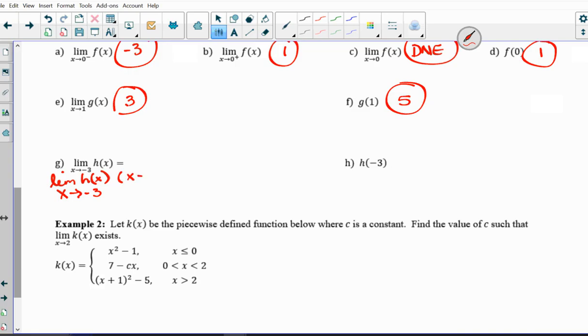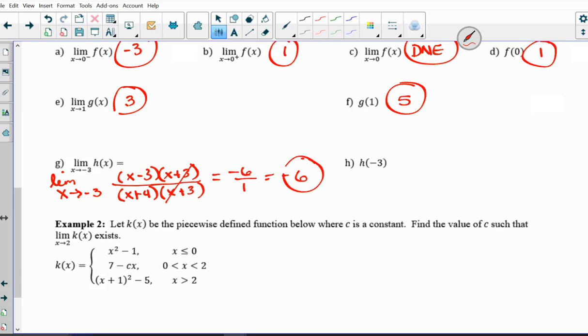The numerator would be x minus 3 times x plus 3. And then the denominator factors into x plus 4 and x plus 3. What can I then cancel out? Okay. Then you can plug in the -3. Do not write limit once you're plugging in the number. You can just tell me what that's going to equal. And we'll get -6 over 1, or just -6.